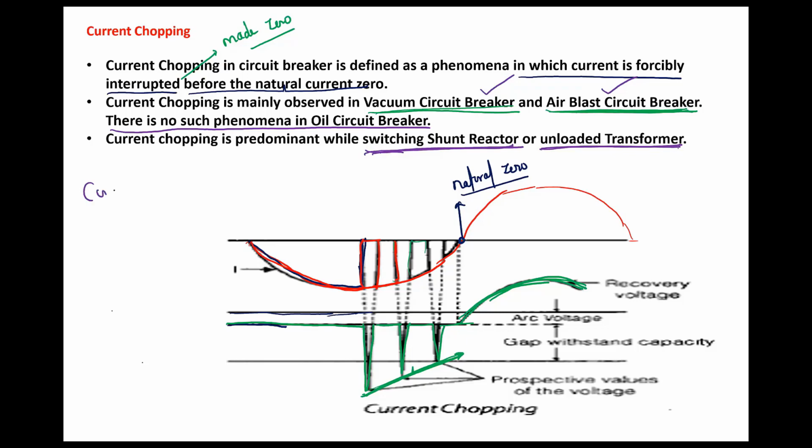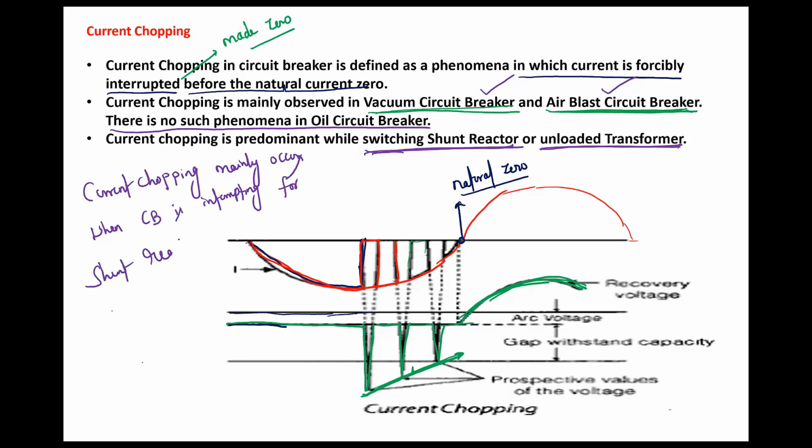So the current chopping phenomenon mainly occurs when the circuit breaker is interrupting or operating for shunt reactors, inductive reactors, no-load transformers, and shunt capacitors.